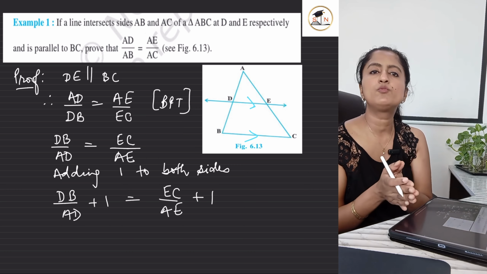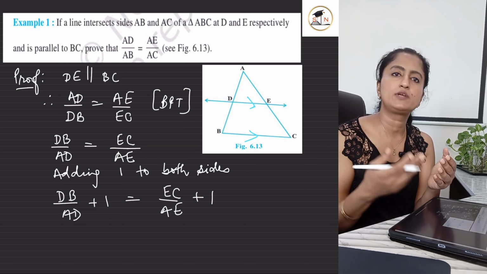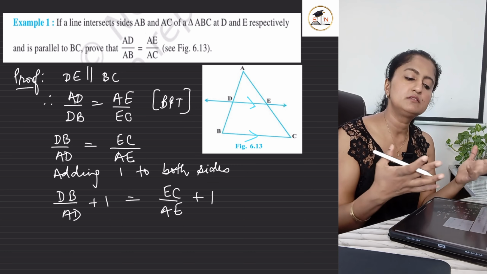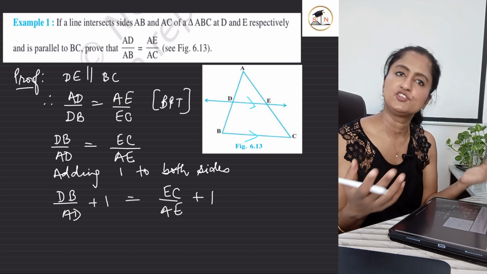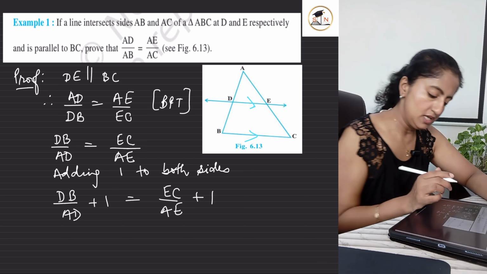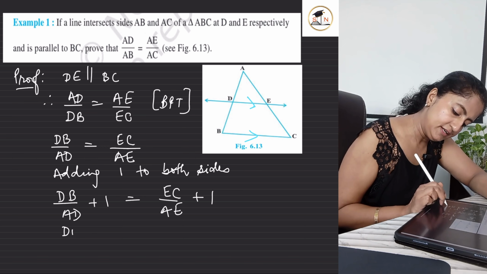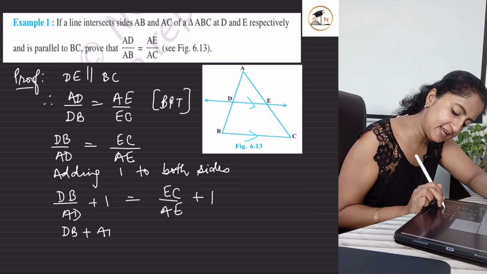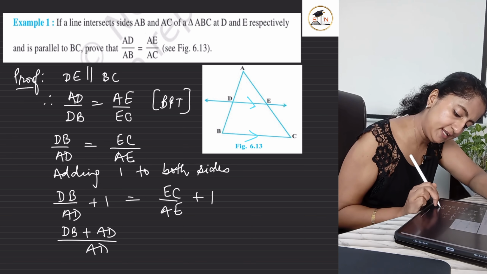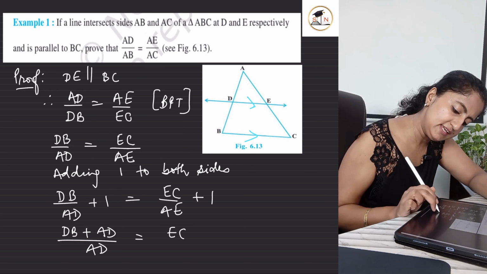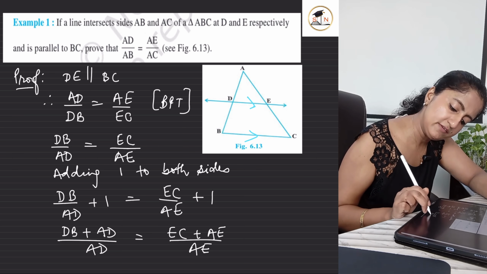Now, since we have added 1 to both the sides, we are supposed to take LCM. LCM in segments, LCM in lines, geometry. Yes, it is possible. So what are we going to do? DB plus AD whole over AD equals EC plus AE whole over AE.